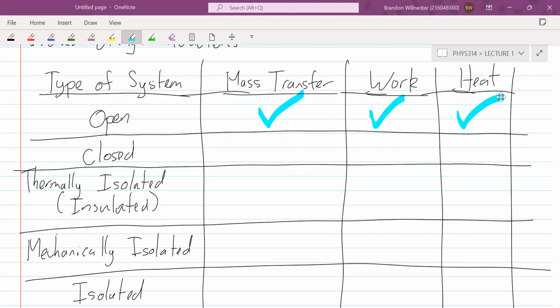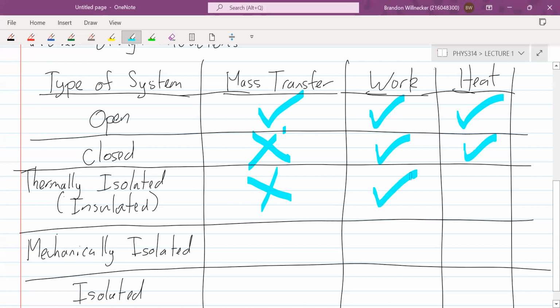For a closed system, we do not allow mass transfer, but we do allow work and we do allow heat. For a thermally isolated system, we do not allow mass transfer, we do allow work to be done, but we do not allow heat to be transferred. Of course, because if it's thermally isolated, we don't want it to be getting hotter or colder. We want it to be at its temperature. We don't want the environment to affect it like that.